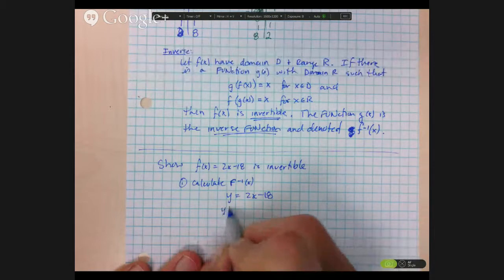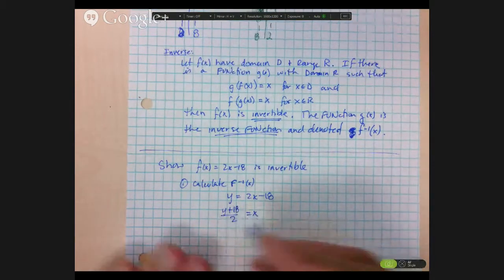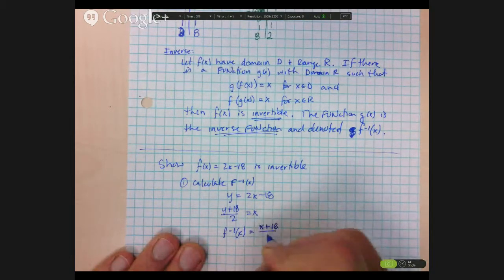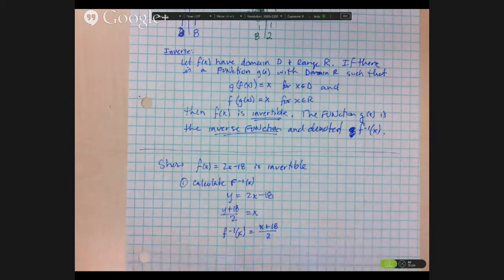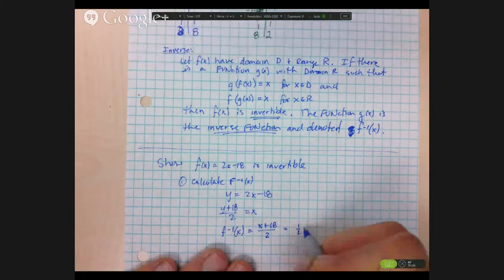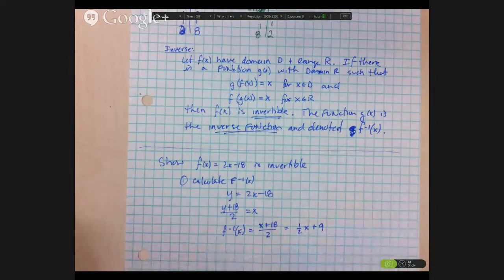You get y plus 18 divided by 2 equals x. So f inverse is x plus 18 over 2; you could also put 1/2 x plus 9 if that's easier.